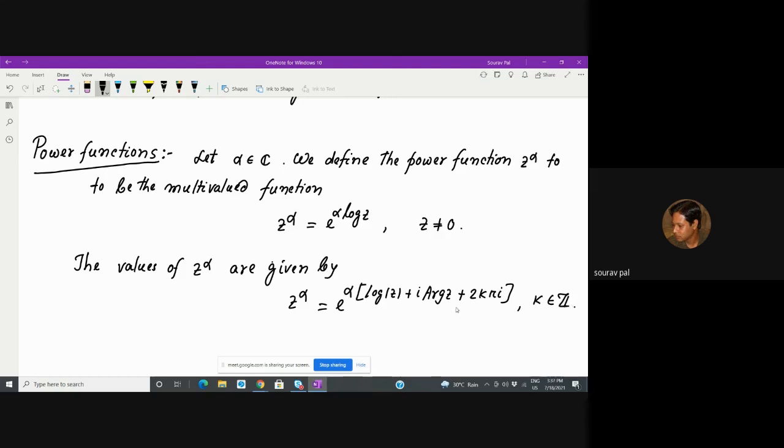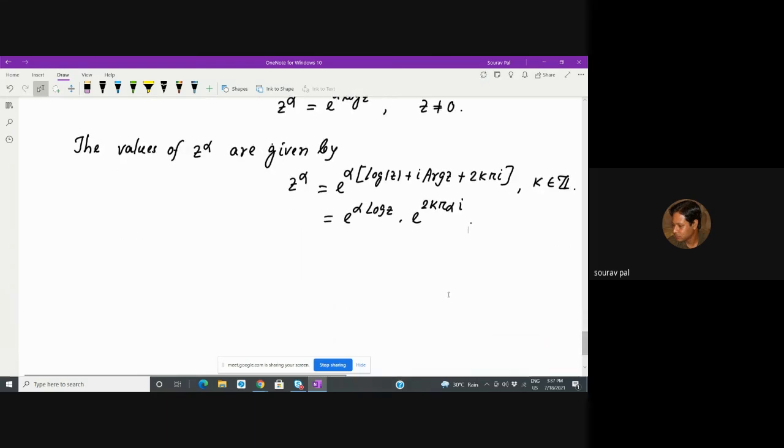So these are all the values, definitely without any hesitation. This is precisely e to the alpha log z times e to the 2k pi alpha i. So how do we obtain all the values of z to the alpha? We obtain them by multiplying e to the alpha log z by this quantity.